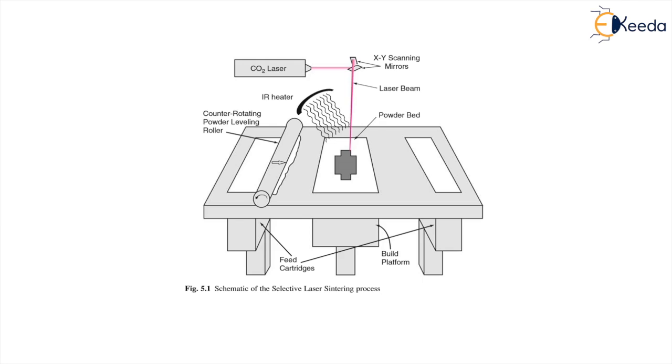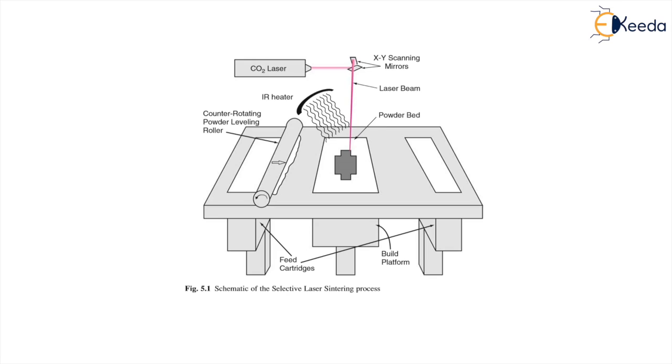This is the laser beam which is incident on the powder bed, and the bed gets fused. Once it gets fused, the powder leveling roller will move or rotate and distribute the powder.